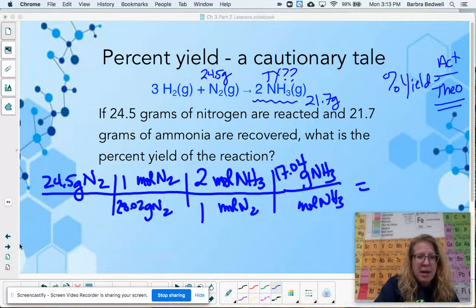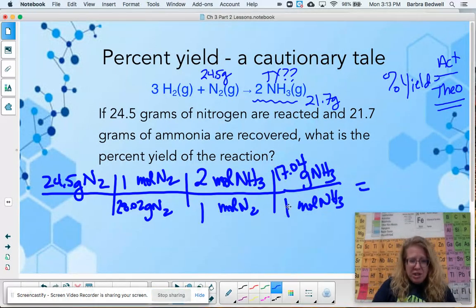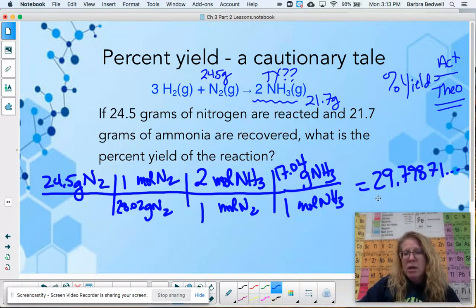So do your calculation there. Multiply across the top, divide by the bottom: 24.5 times 2 times 17.04. I multiply it across the top, and now I divide by each thing on the bottom. There's a 1 there, which is just divided by 28.02. And I get 29.07987, and so on.